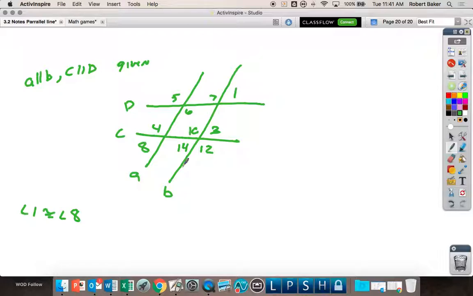So what do you know right now is congruent to angle 1? Angle 14. You can say angle 1 is congruent to angle 14. Why are those two congruent? Alternate exterior.